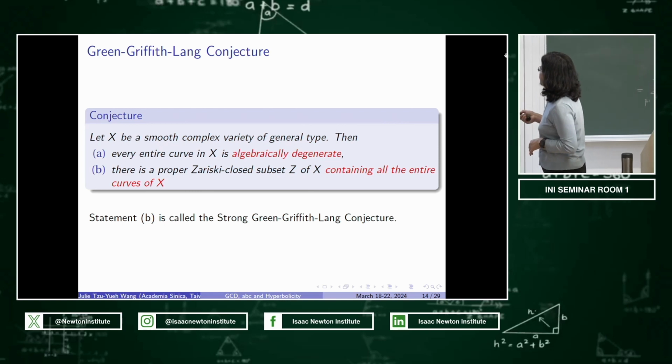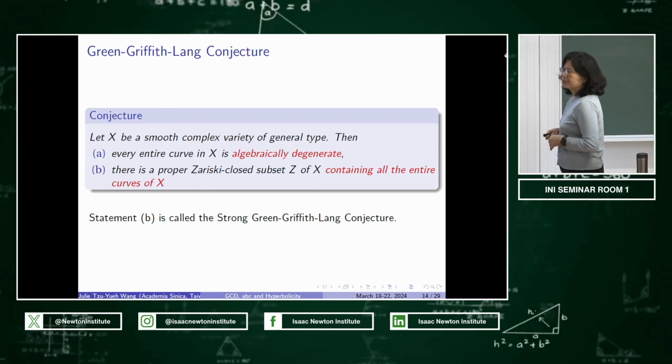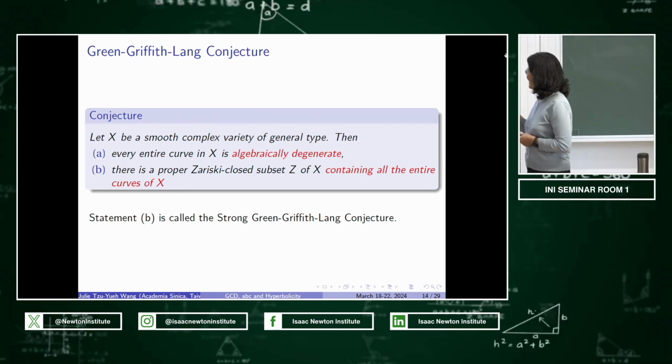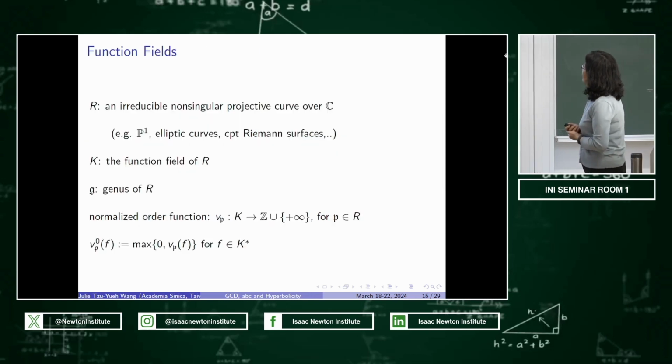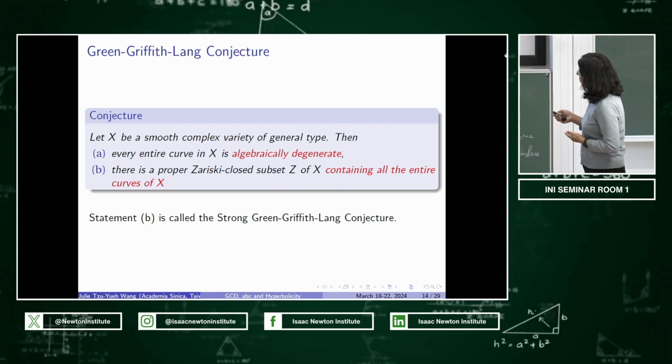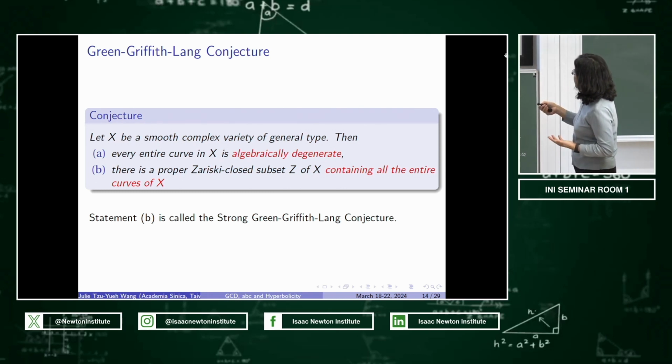We will call B the strong Green-Griffiths-Lang conjecture. I think this is okay because sometimes A is already very difficult, so let's make life easier. So let me just keep in mind that there are two conjectures. First, just assume algebraic independence. The second is you find the Zariski closed set, and everything sits in there.